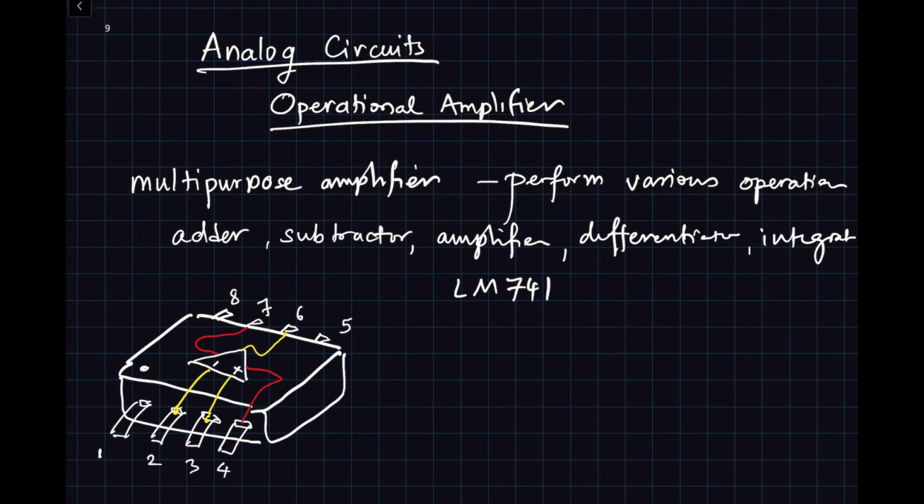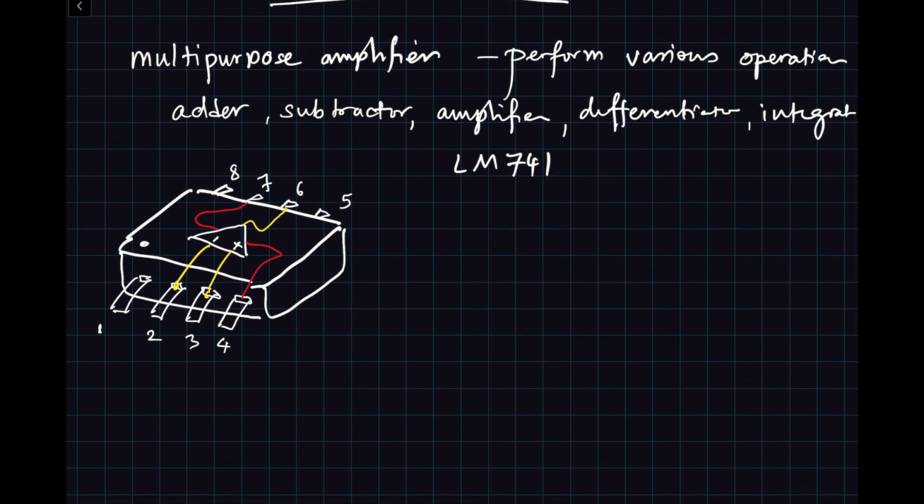If you buy this particular amplifier, it costs probably a few cents or a few rupees. Next time you come to our lab, you can also open it up and check out how it looks. When we are doing circuits with it, we will draw the circuit like this.